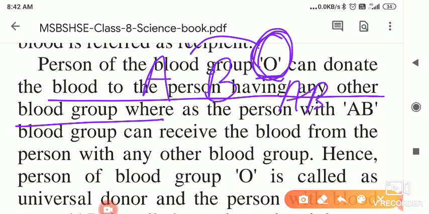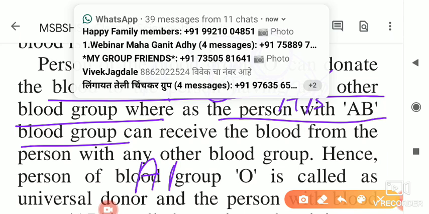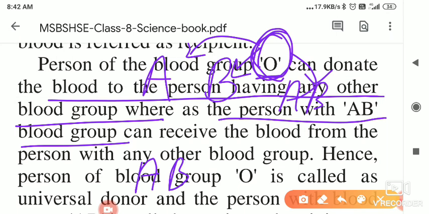And a person with AB blood group can receive blood from A, from B, and from O blood group also.